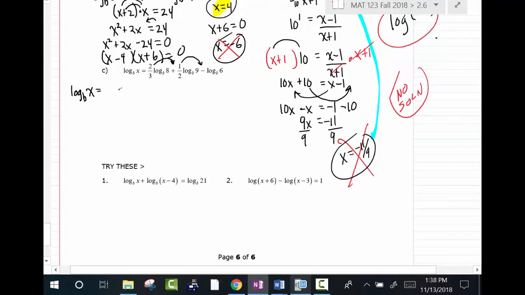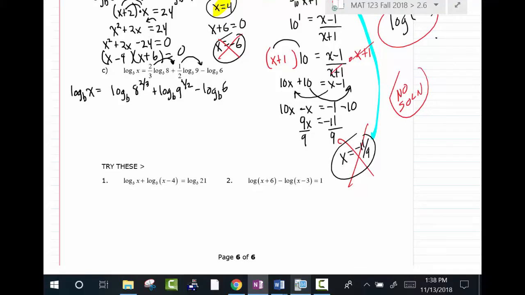So you'll write this as log base b of 8 to the 2/3 plus log base b of 9 to the 2/3, like that. Not 2/3, whoops, 1/2. And then minus log base b of 6 like that. Now that's a property. You're allowed to do that.